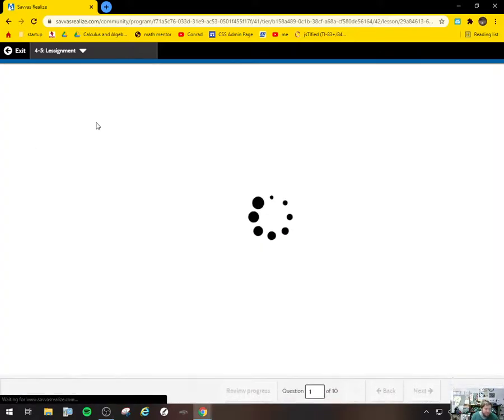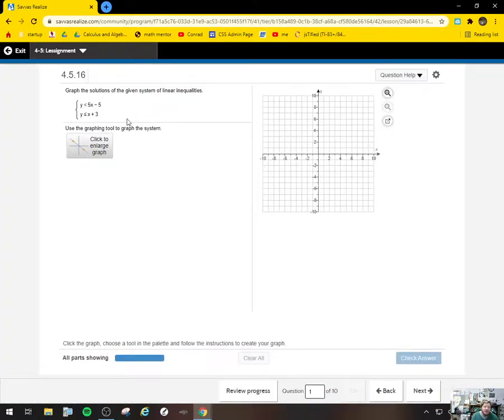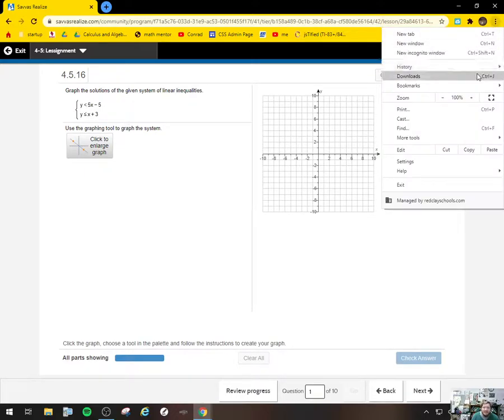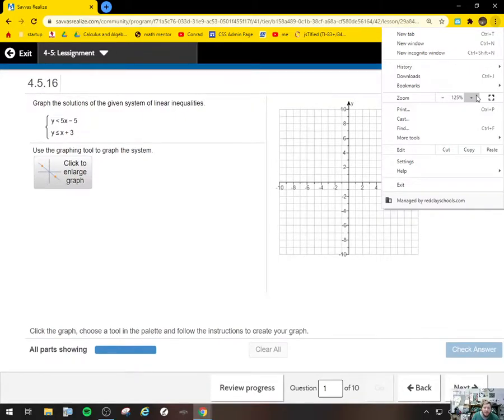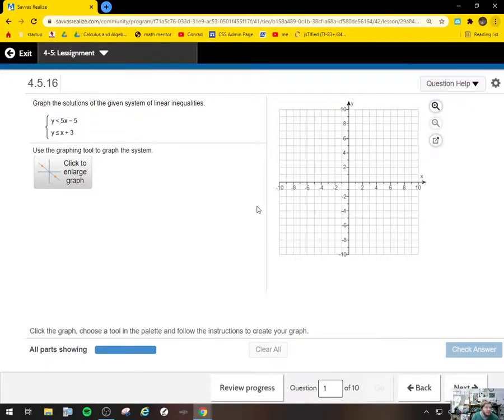Here's the thing. If you struggle graphing lines that look like y is less than 5x minus 5, the start of this lesson is not for you because you need to learn the basics first. If you need to learn the basics after I go through this stuff, I'll make my face really big again so you can scroll and try to find it in the video.